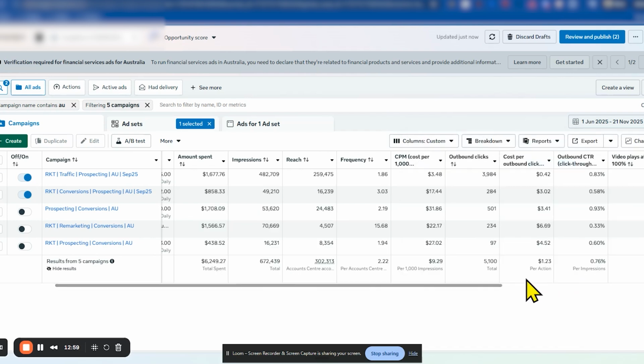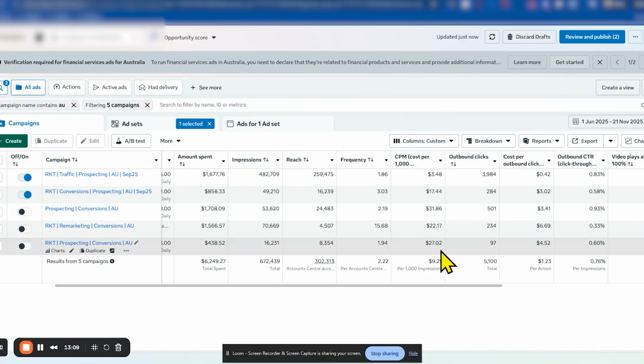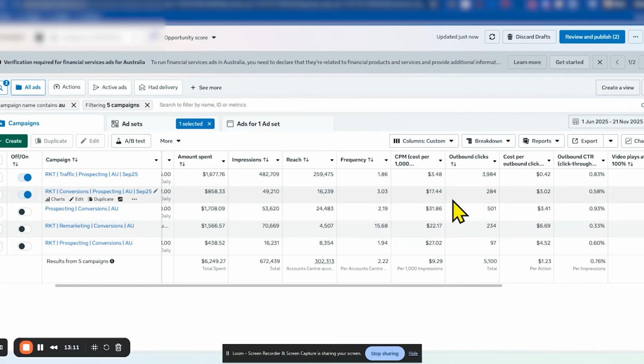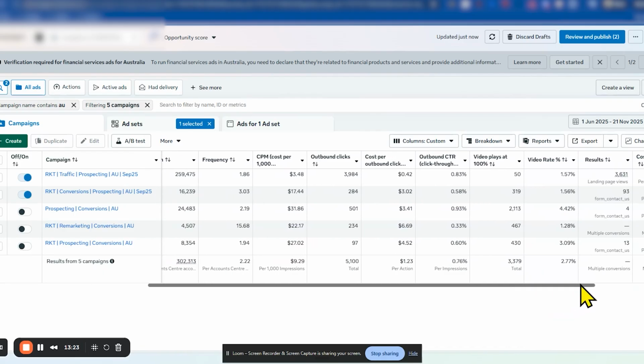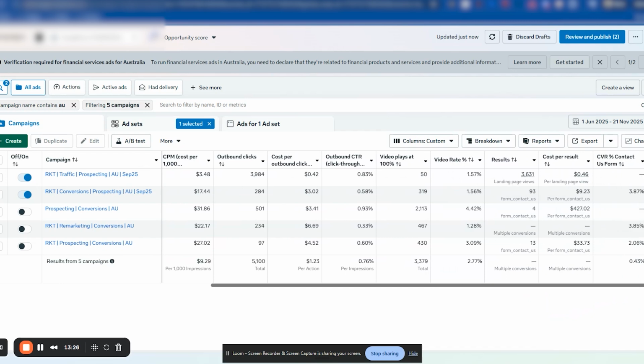For the prospecting campaign specifically, you'll see CPM of $31, and the CPM for this other prospecting one is $27, versus 17. That's why CPCs are so much cheaper across the board, which is pretty crazy. Click-through rates are pretty comparable, but the conversion rate is a lot stronger, 4% versus around that 2% mark.